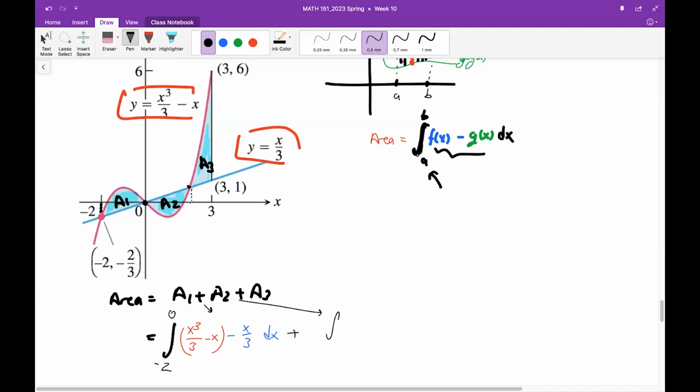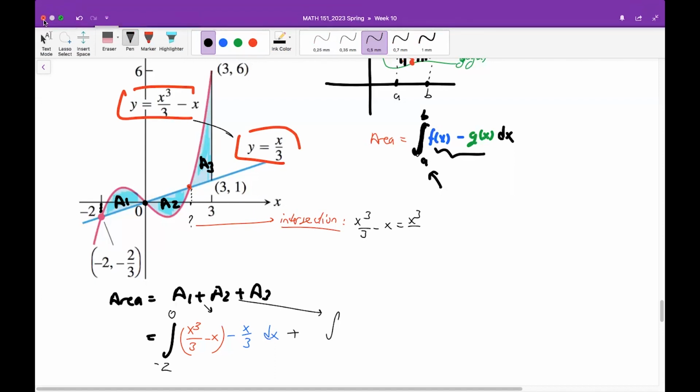the integral goes from 0 to this point. We don't know this intersection point now. Let's compute it. It is not given, we have to compute it. To compute intersection points, what do we do? We solve the curves together, right? Let's solve these two curves together. x cubed over 3 minus x is x over 3. Now, take everything to the left-hand side: minus 4x over 3.